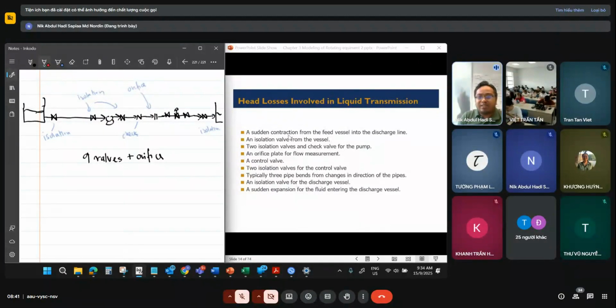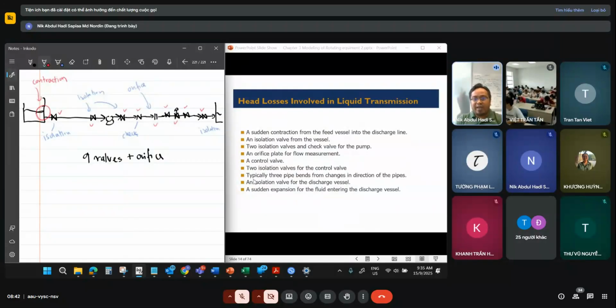First, we have a sudden contraction from the feed vessel, and we have from the valves, all of these valves, whether isolation or control valve, and also this orifice.